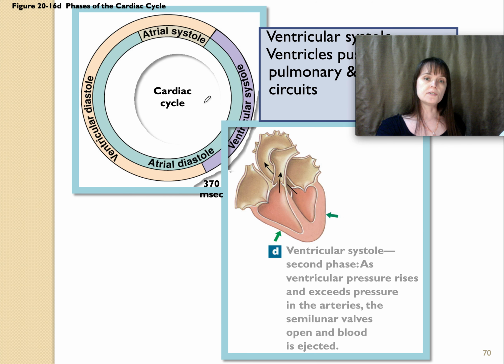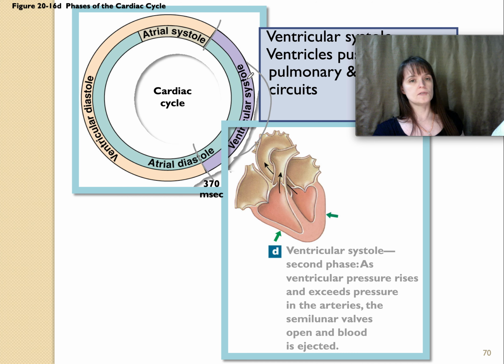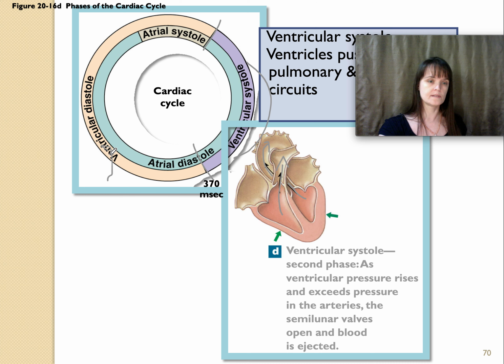And during ventricular systole, you can sort of see, the ventricles push the blood into the arteries. Both the systemic and the pulmonary circuits, same amount of blood into both circuits at the same time.